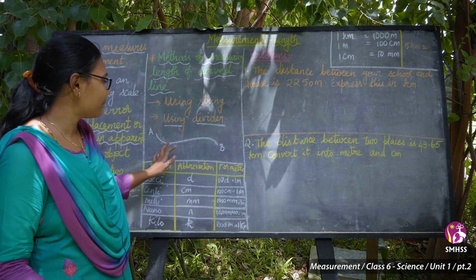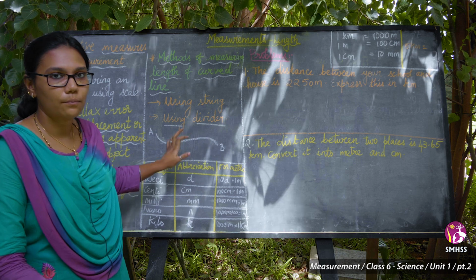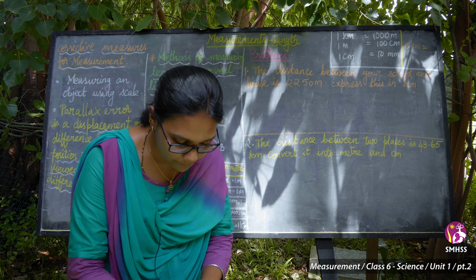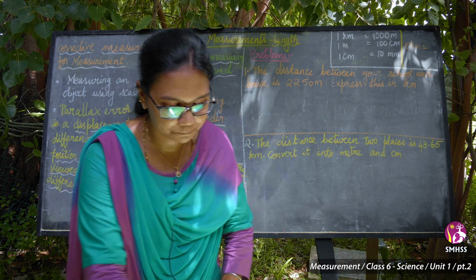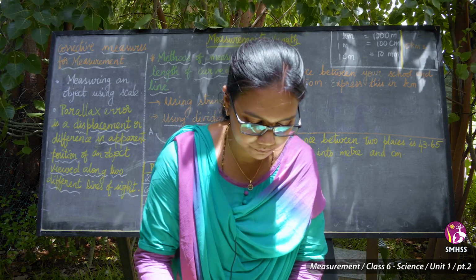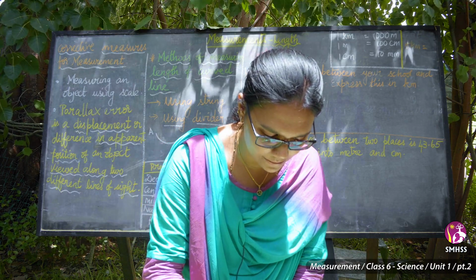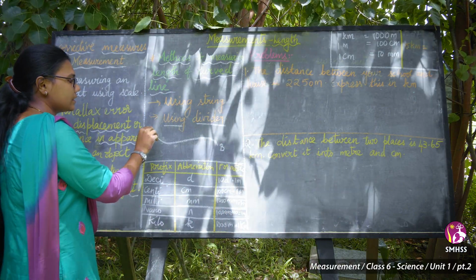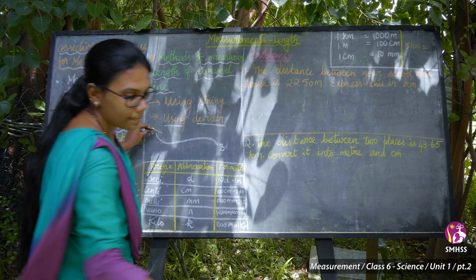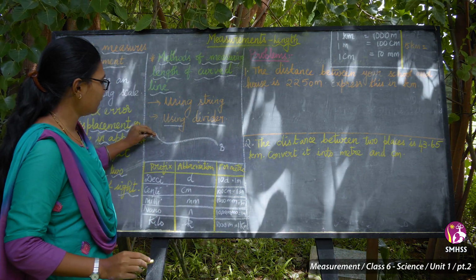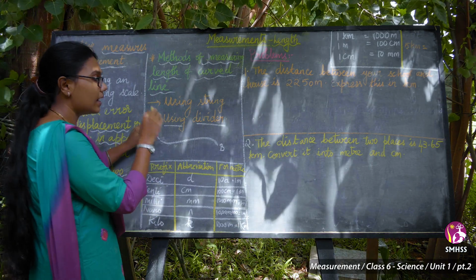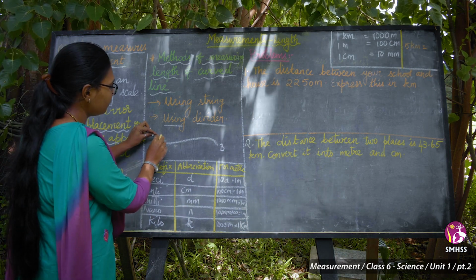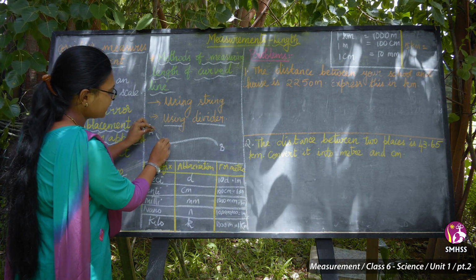Now I am going to take the measurement of this curve on the board. I am taking a fixed length, 5 centimeter. See, I have taken 5 centimeter. This is the starting point A. From A to this end there is one segment. Each measure we are denoting as a segment.